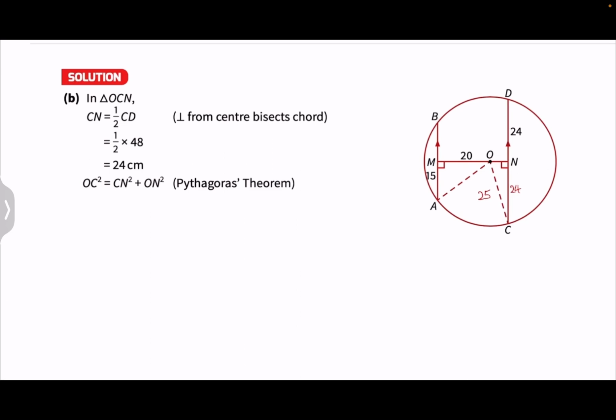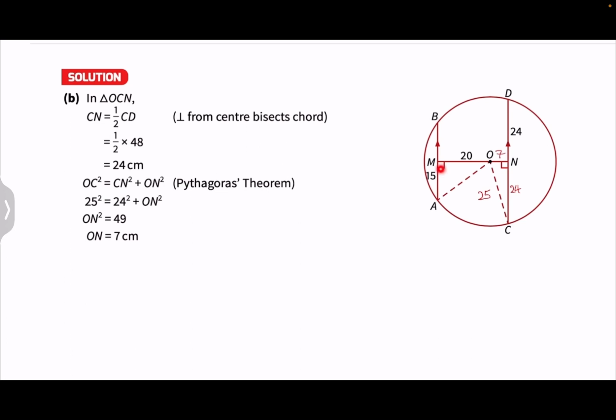So again, this is the Pythagoras theorem. Substituting OC with 25 and CN with 24, we'll have 25 squared equals 24 squared plus ON squared. Simplifying this equation, we'll have ON squared equals 49, so ON will be equal to 7 cm.